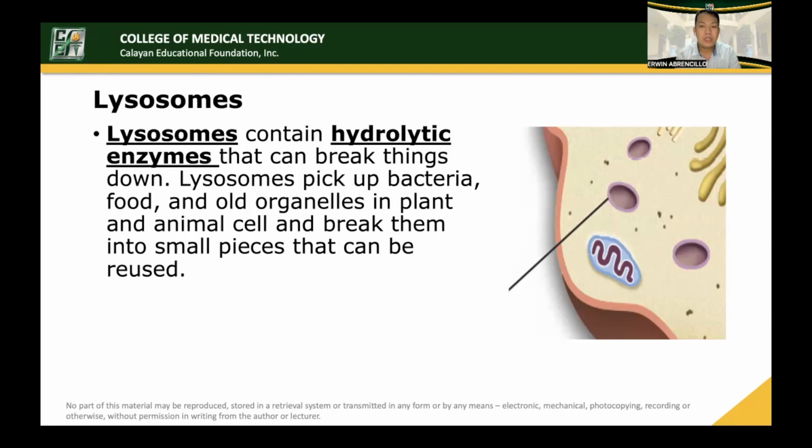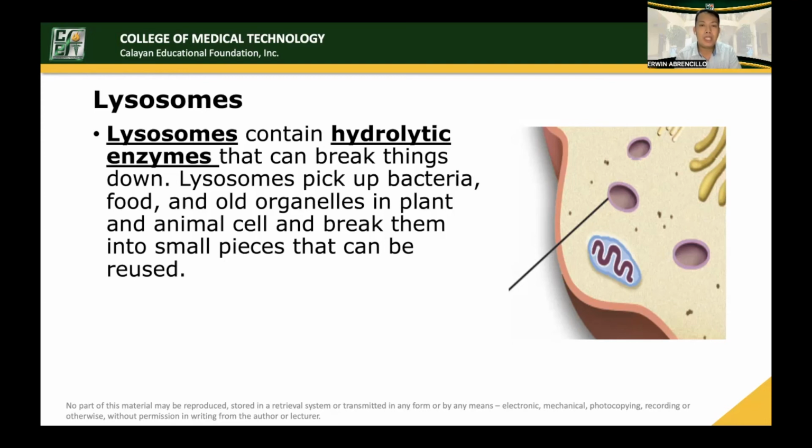The lysosome can detect that it is already worn out. So the lysosome will engulf the old organelles, get the pieces that can be reused, and then dispose of those products that are no longer needed.